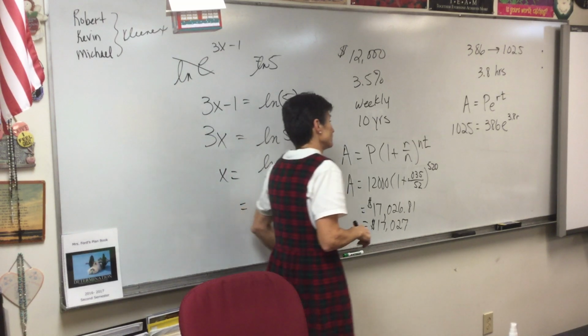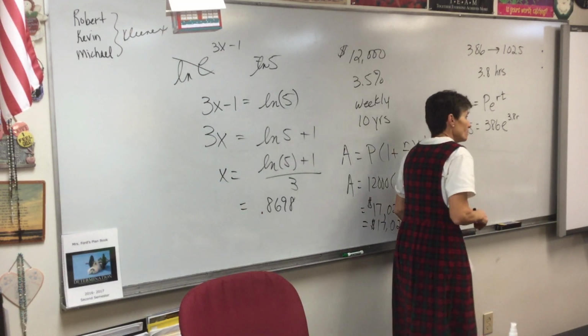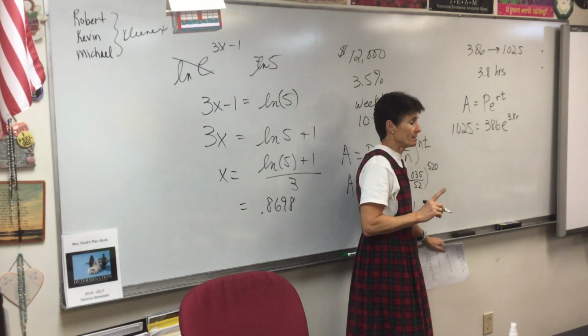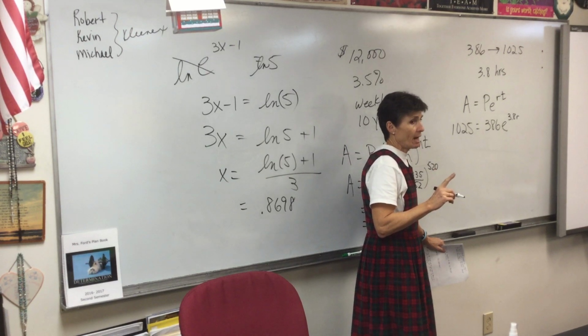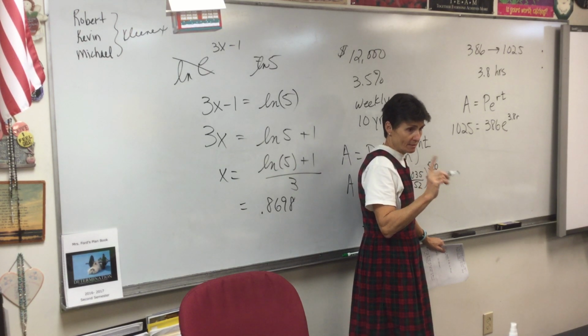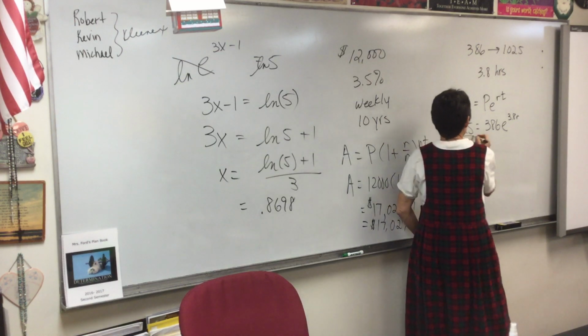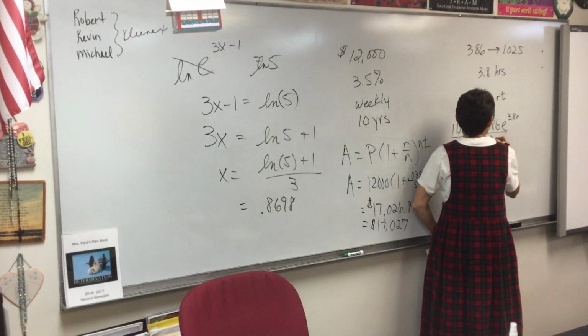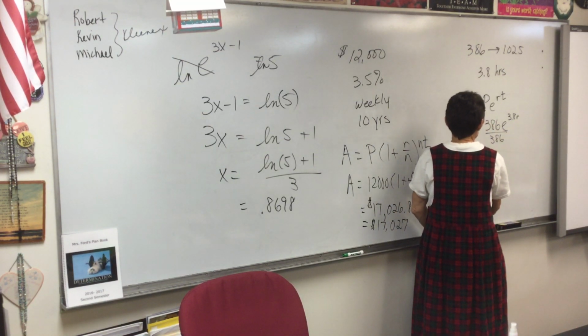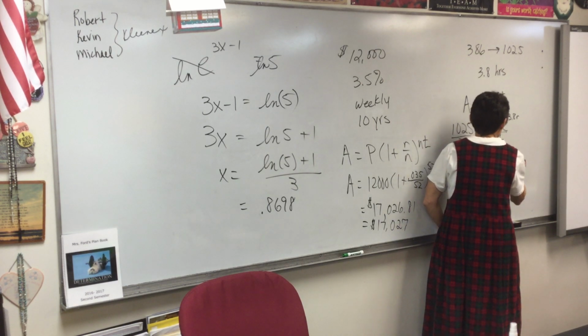So step one. First you gotta divide. Don't ln this until you divide. So we're gonna divide by 386. Now you can ln.